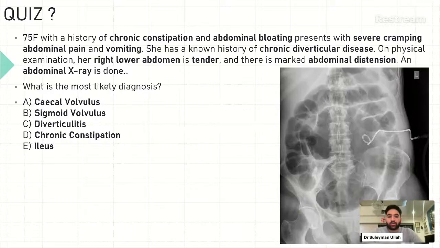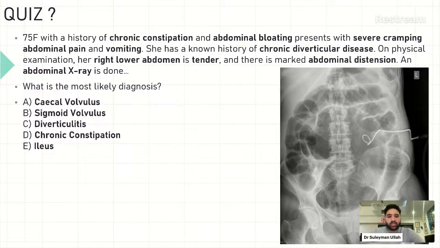Next, 75-year-old lady. Again, I think this is one we've just done. So actually, I don't think we'll do this one because I'm not going to bore you with the same one we've just discussed. Yeah, it's a cecal volvulus. So as you can see again, we've got the fetal sign, but this shows how it's not always so obvious as the picture I showed before.